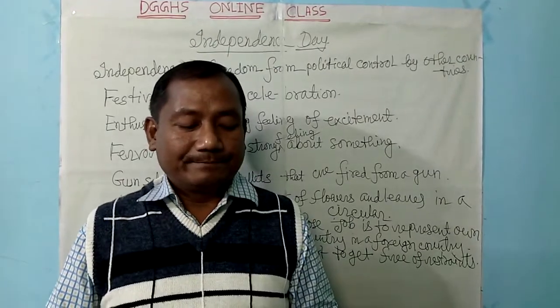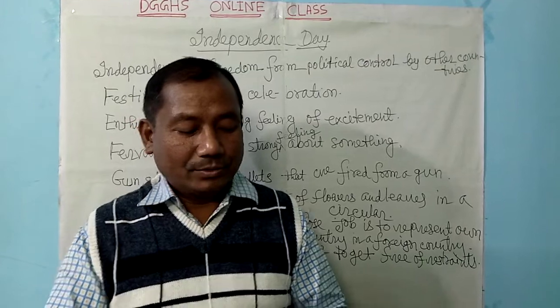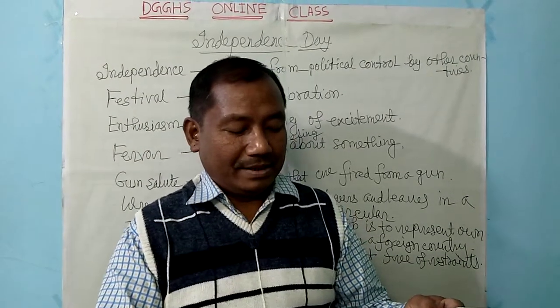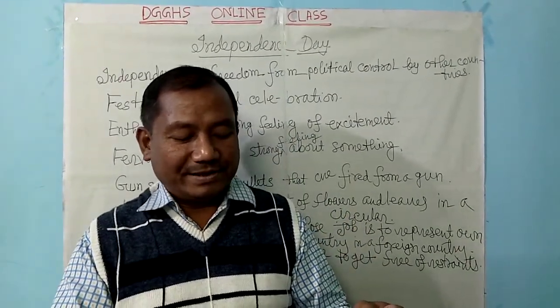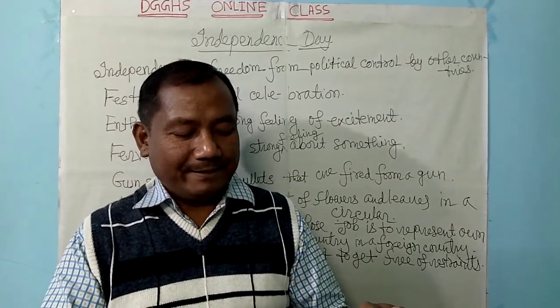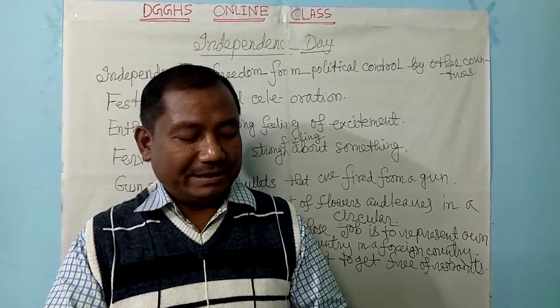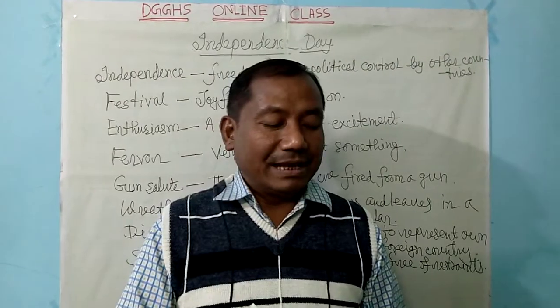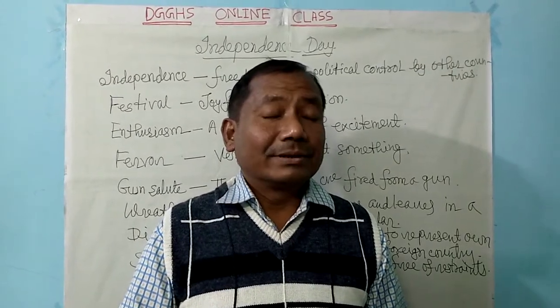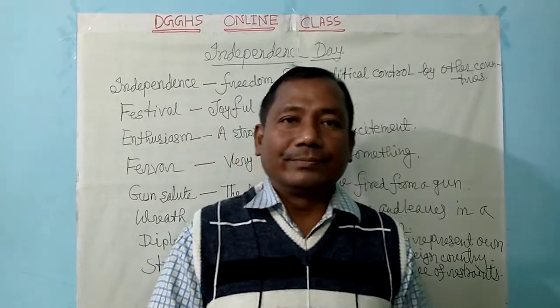National Parade. Where? You just go through the text. The country also witnesses a spectacular parade of defense forces, border guards, pilots, and VIPs at the National Parade Ground. So, the answer will be number A, at the National Parade Ground.